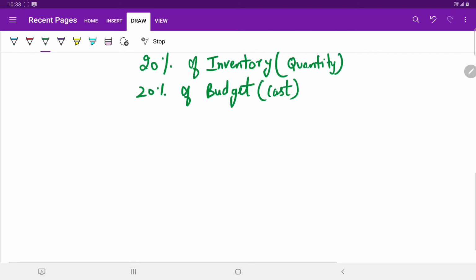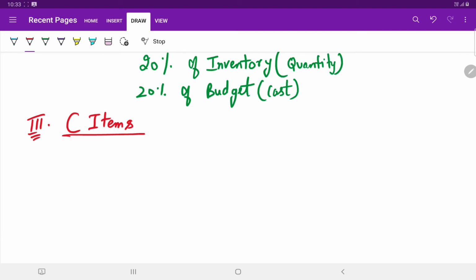Now the third one are the C items. These items are comparatively cheaper in cost and represent 70% of the total quantity. So these are cheap in cost.